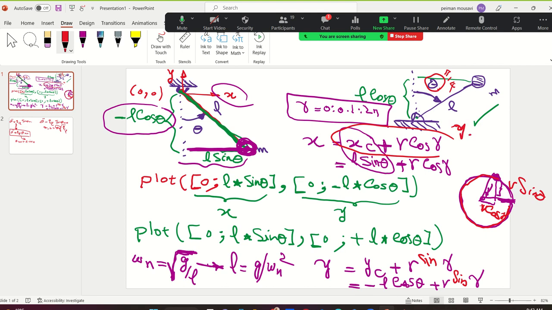But y of this is going to be L cosine theta, positive, because it's above it, L cosine theta plus R sine theta, or gamma. Because this is above that unit. See? Here we go. Clear, guys? Yes, everybody? The y of the circle is this.